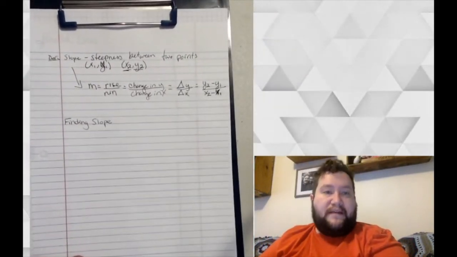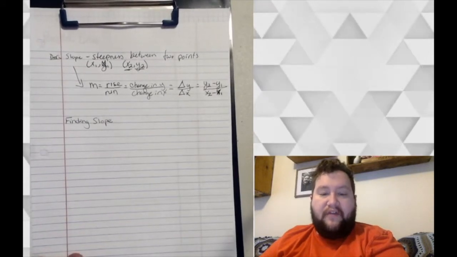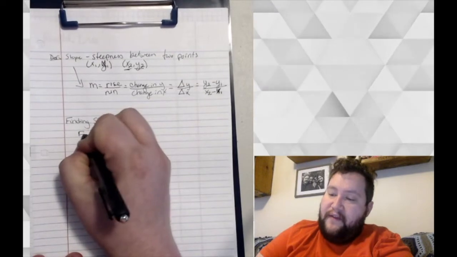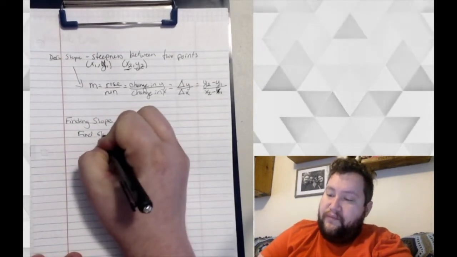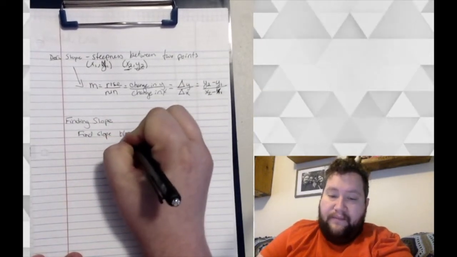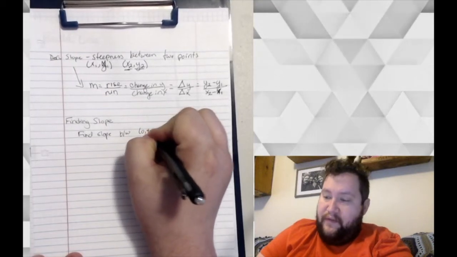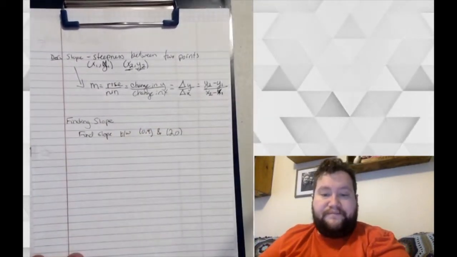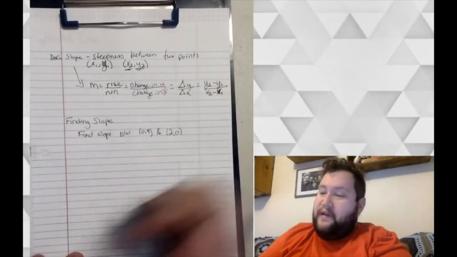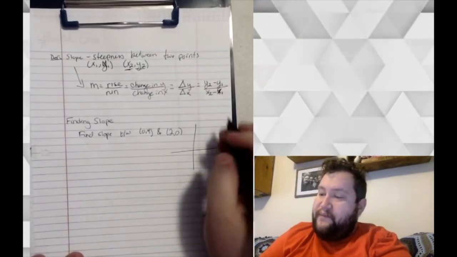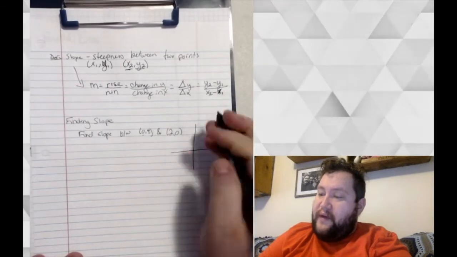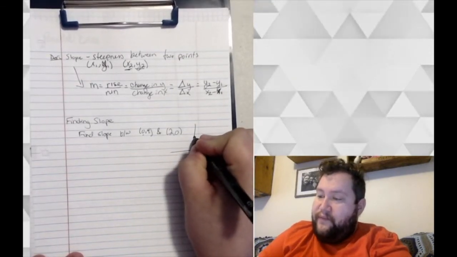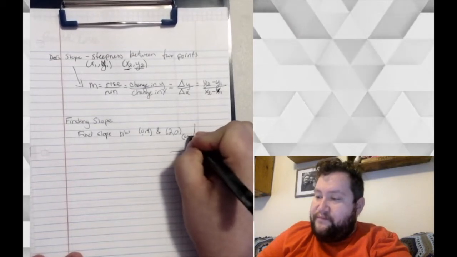Now let's put that into practice. And I'll draw a picture to help us kind of see that. So let's say find slope between 0, 4 and 2, 0. And so if we would draw that, x equals 0, y equals 4. That's our point 0, 4.